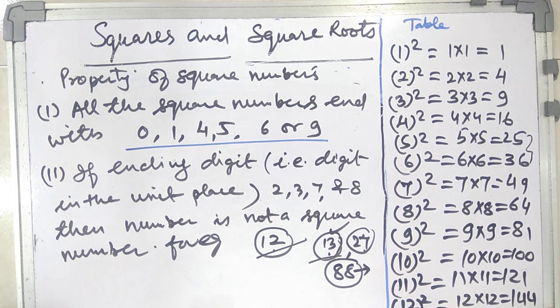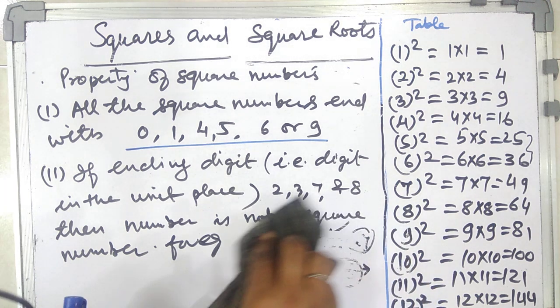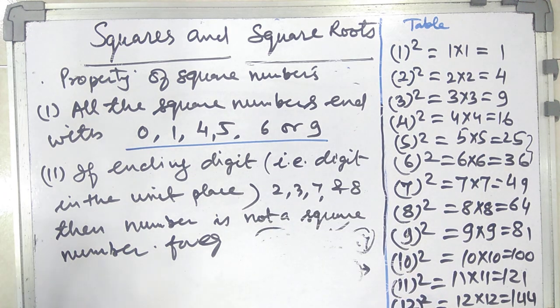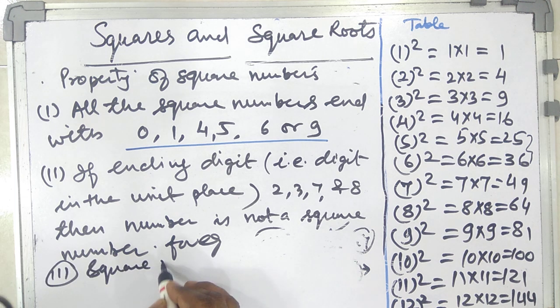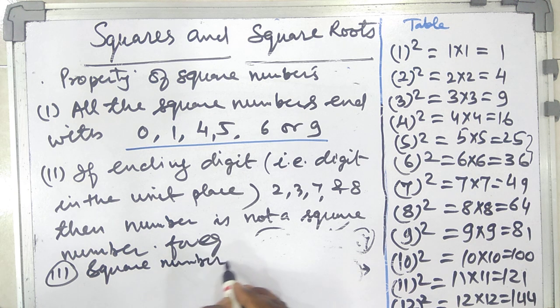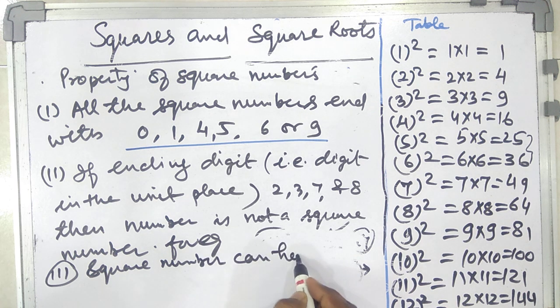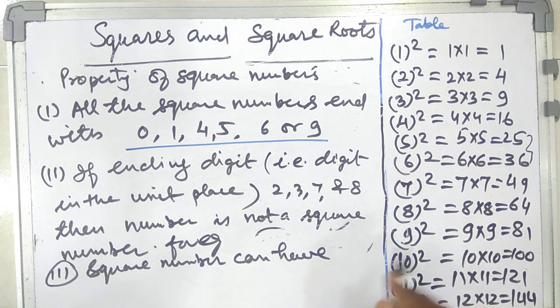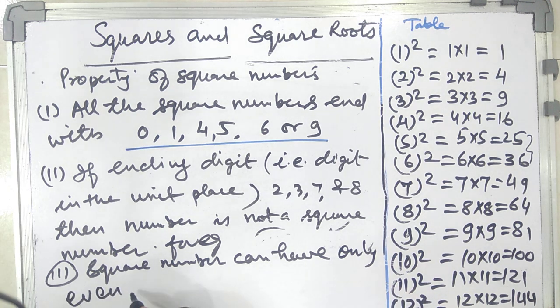Next, students, the third property: a square number can have only an even number of zeros.